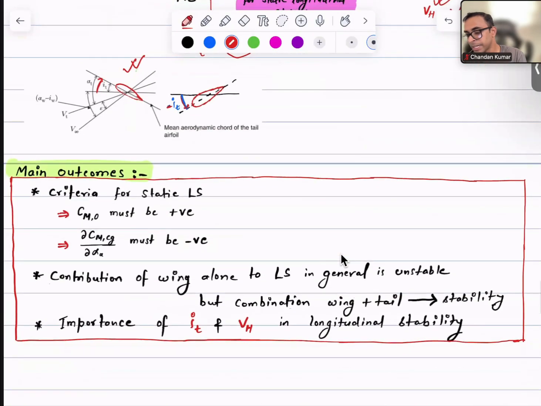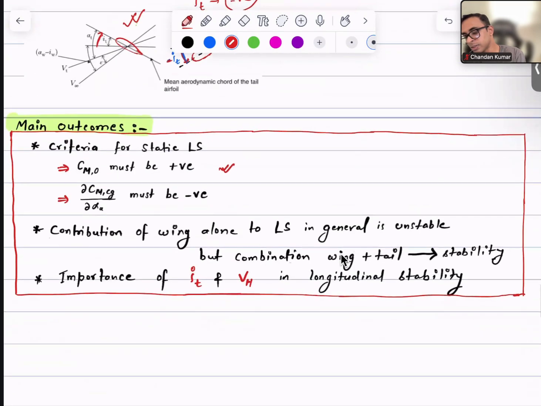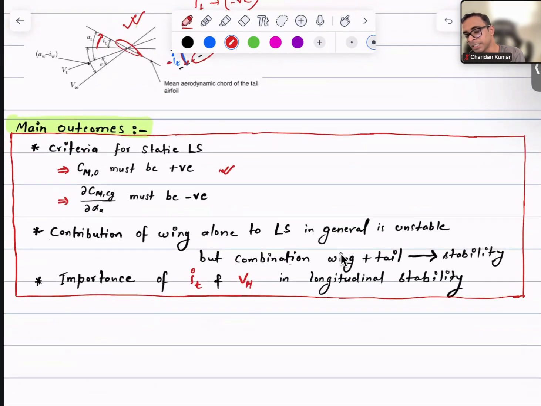So here are our main outcomes from this discussion. We established the criteria to have the static longitudinal stability: the moment about the center of gravity at zero angle of attack must be positive, and the moment slope with respect to angle of attack must be negative.